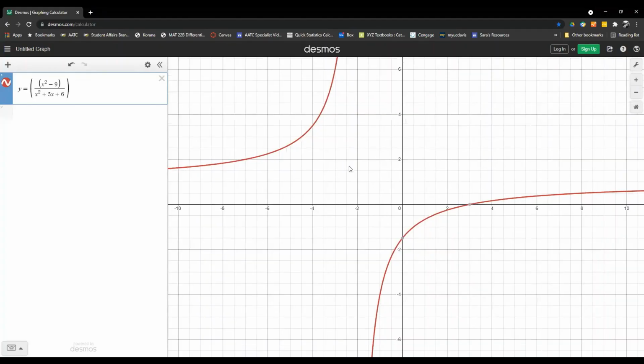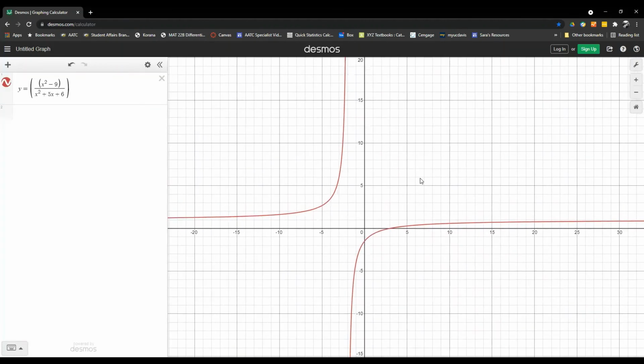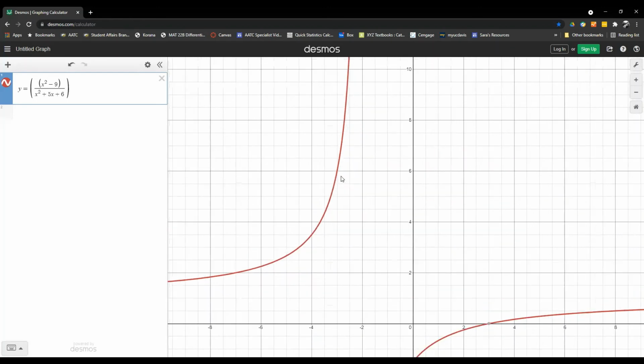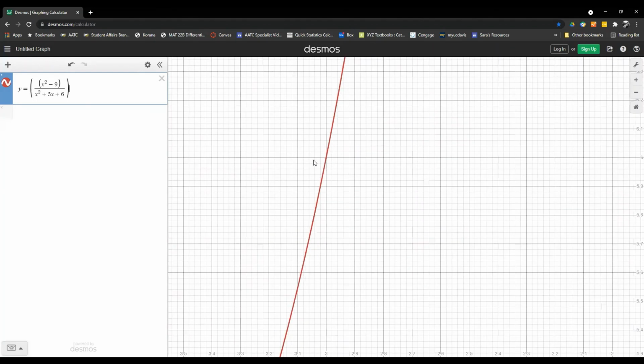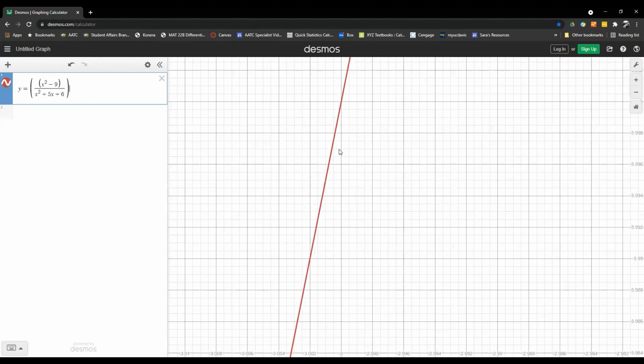So a couple things that I want to point out. If you just put that original function into Desmos, Desmos does not show you the hole. Shame on Desmos or something. And we just figured out from doing that algebra that we should have a hole when x equals -3. So even if I zoom in here on x equals -3, Desmos is not going to show me that hole.